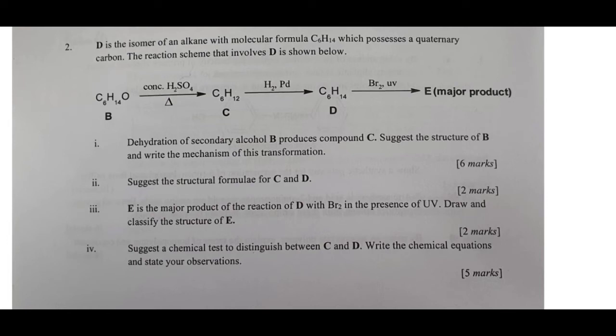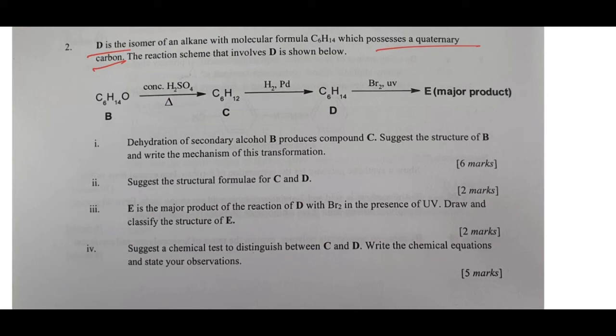Okay, so we start with D. Kita kena mula dengan D. Because D is where the clue comes out, it possesses a quaternary carbon, right? So we go to D. D possibly is CH3, C, CH2, CH3, CH3, CH3.